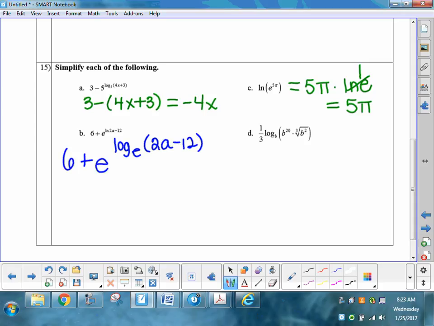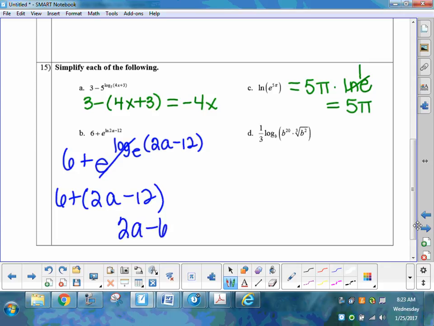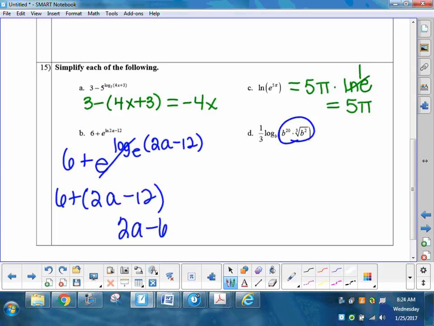What does e raised to the natural log of 2a minus 12 power, what's that going to be, Johannes? Put everything together, this would be 2a minus 6. Questions on that? Now, this I would simplify and work your way around. You can do all of that.